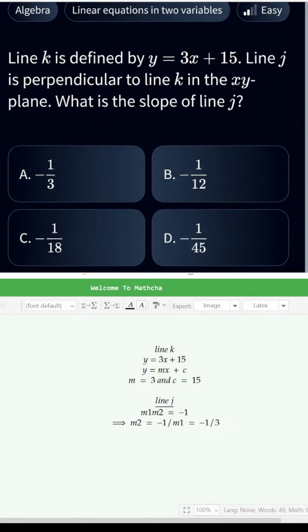So the correct answer is option A. You can look at the solution for a moment and then we'll move on to the next question.